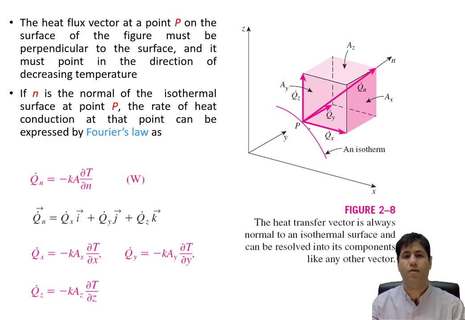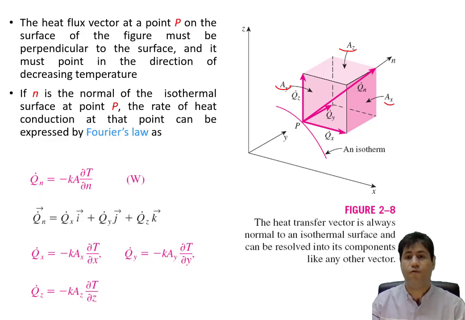So simply we know from this that we need to write the Fourier law for all of these directions, and for each one of them, the A, or area, depends on the direction of the heat transfer: Ax, Ay, Az. q dot x is the rate of heat transfer in the x direction, q dot y, q dot z.